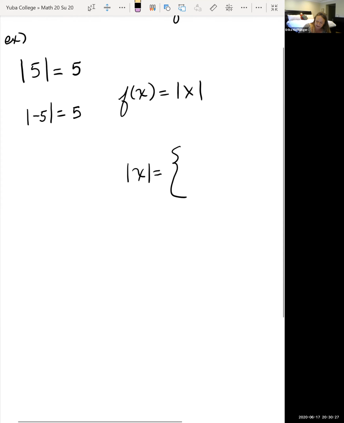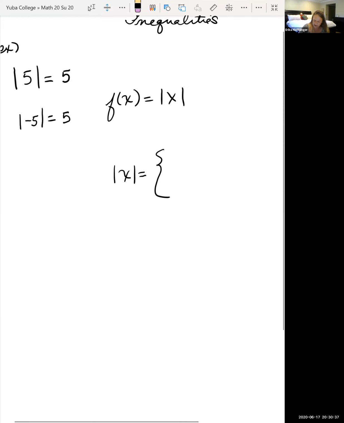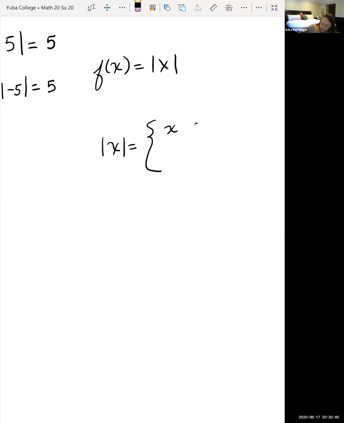If x is bigger than 0, actually even equal to 0, you're going to have the same value that you would have had if you plugged it in there. If you plug in a number which is smaller than 0, like -5, in order to get back a +5, you would have had to take the negative of the negative. So the result would be -x.